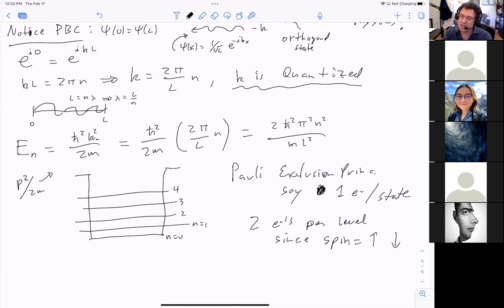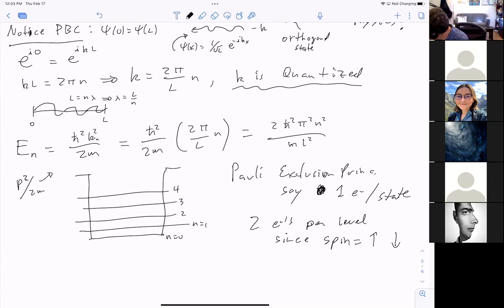And if you look at the properties of the antisymmetric wave function, then one of the consequences is that I can only have 1 electron per state. But the state is defined not just by the orbital level, but also by the spin of the electron. So each orbital level with spin is 1 state. So for each orbital level, there are 2 states. I could have spin up or spin down.